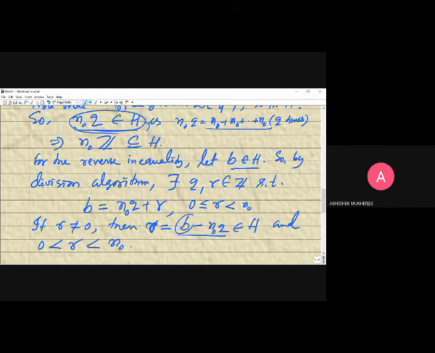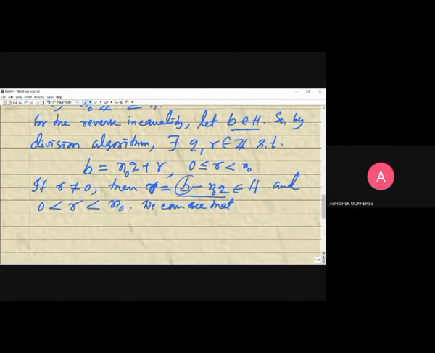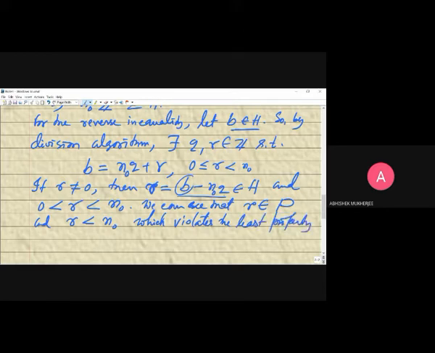So having this property, we can see that this R is a member of the set P, and R is strictly less than N naught, which violates the least property of N naught in P, right?